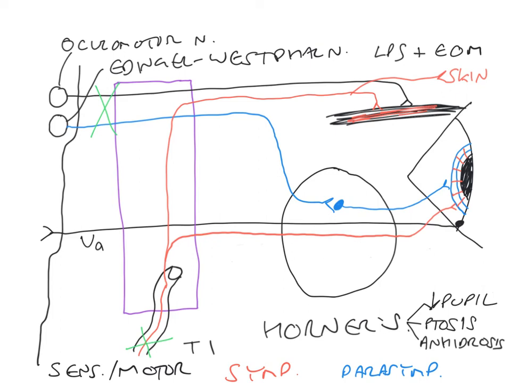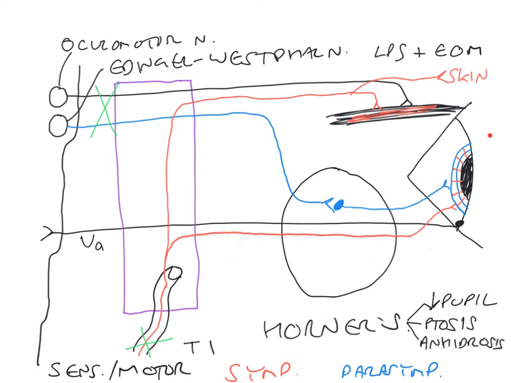The second component which we've lost is the somatic motor innervation to levator palpebrae superioris. And regardless of whether the innervation is somatic or sympathetic, the action is the same. So in the case of a third nerve palsy, we are also going to get ptosis.